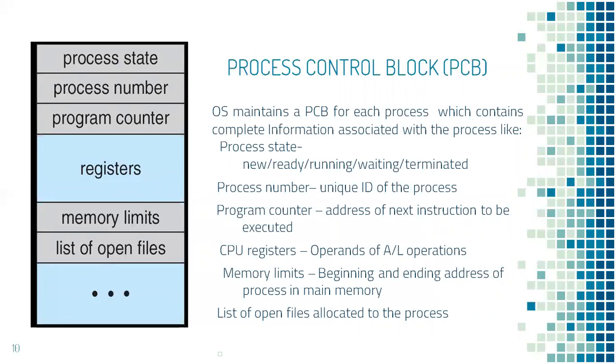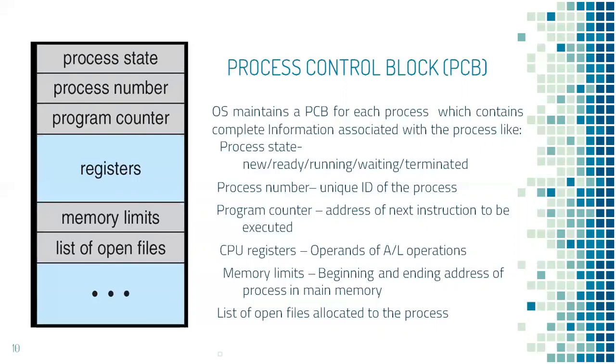So as we know, there can be 5 different states of a process. So the process state portion contains one of the 5 states, namely it can be either new or ready or running or waiting or terminated, any one of these.